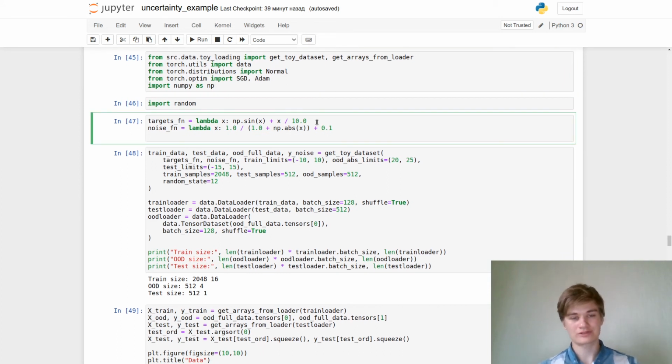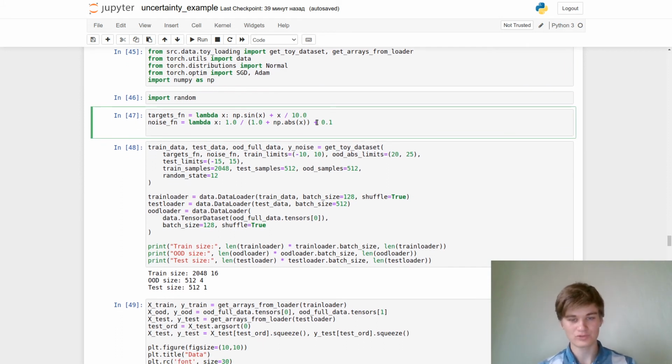So our toy dataset is sin x plus x divided by 10, and also we will add noise to these targets, and noise is big near the zero.